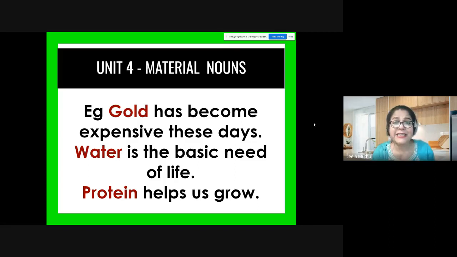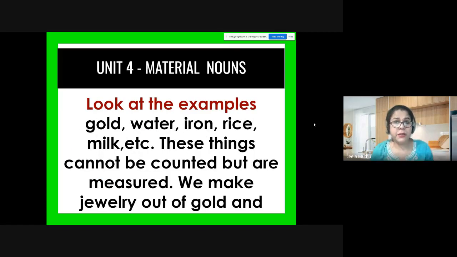Water is the basic need of life. Protein helps us. We cannot say protein help us. We have to use the verb according to the subject. The subject protein is considered to be a singular noun, so we say protein helps us to grow. Okay, all those were material nouns.